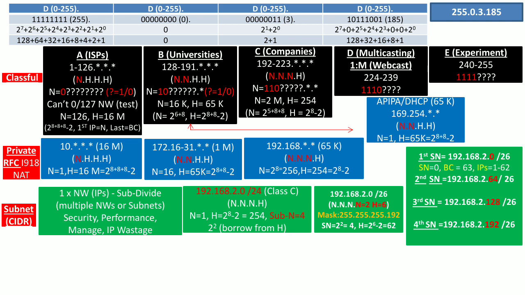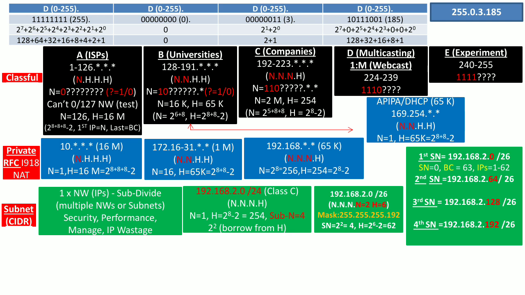So in the first subnet, the subnet address would be 0, that is 192.168.2.0, and its broadcast address would be the last IP in that subnet, the IP before the next subnet, that is 63.